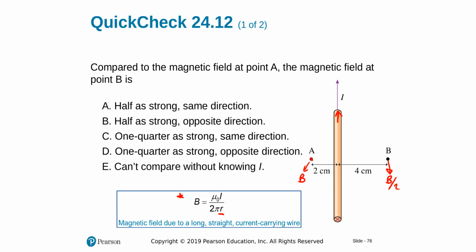Direction, I forgot to mention direction. Apply my right hand rule, right hand rule 1. I grab my wire in a fashion that my thumb shows the direction of current, the straight thing, remember?